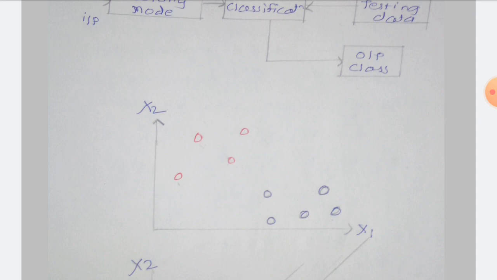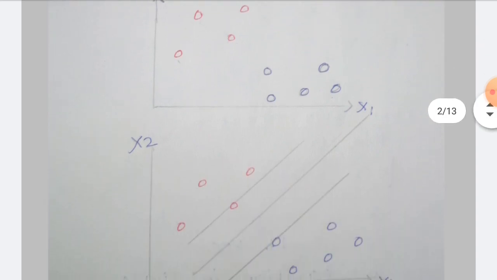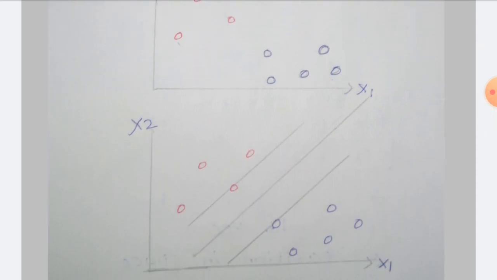Now there are various methods to draw a line in between these two data sets. So I have drawn here. Now see the middle line which is drawn in between these two data sets. This is one method we can draw the line.